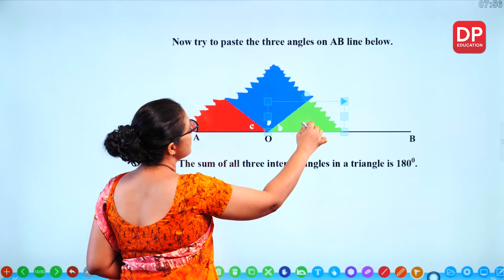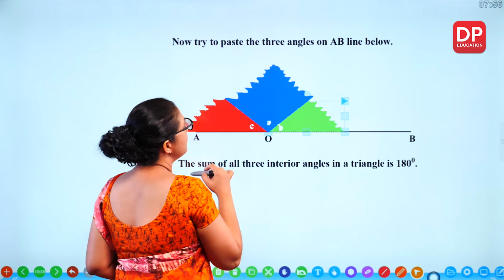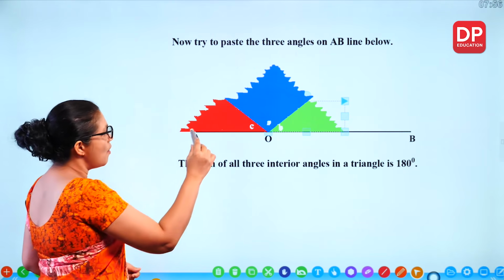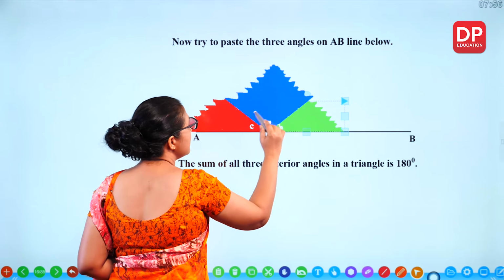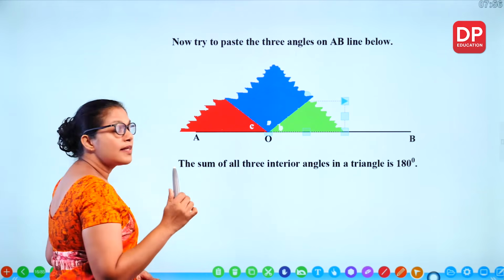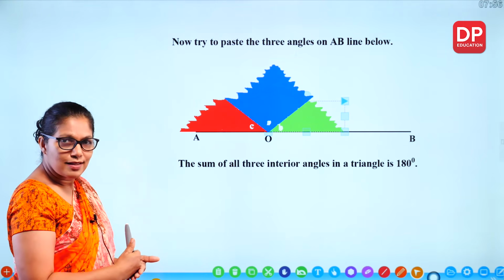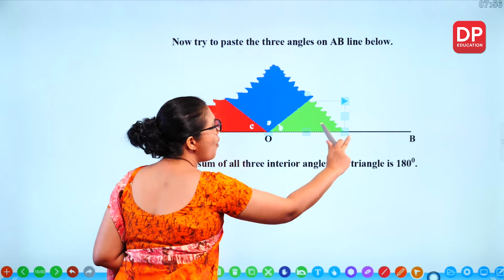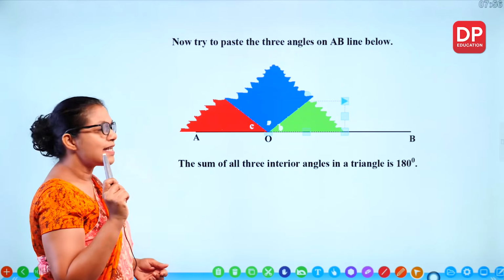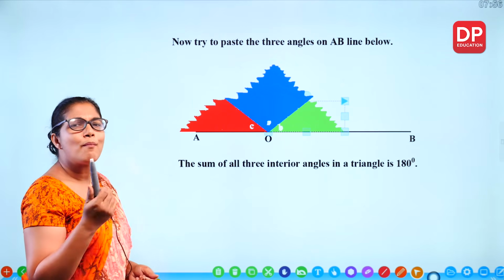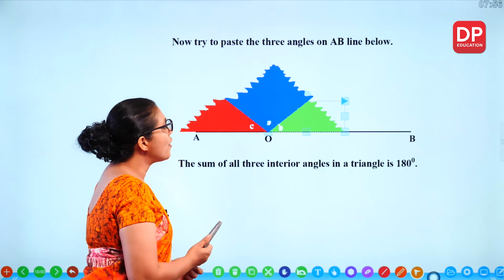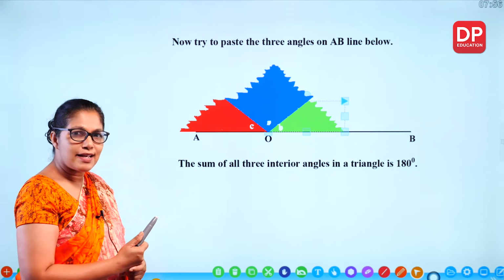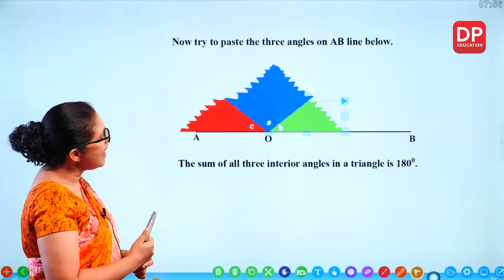What happens? Now look at this diagram. When you take all these three angles, they fit to a straight line. So what is this angle? AOB is a straight angle. So what's the sum of interior angles in a triangle? The sum of all three interior angles in a triangle is 180.